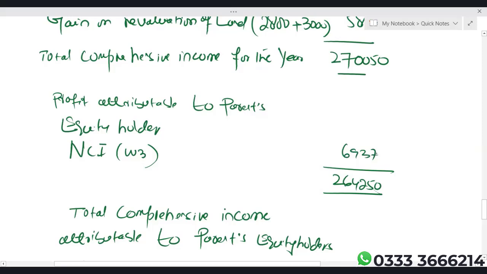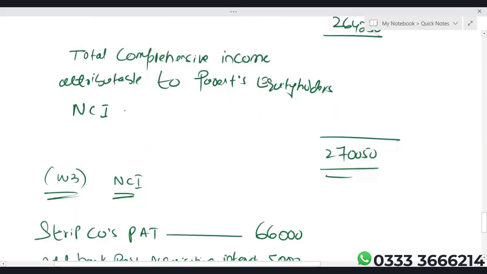From 2,64,250, if I deduct 6,937, the balancing figure I'm getting is 2,57,313. Now, it is also working 3. This is 7,387. If we deduct 7,387 from 2,70,050, I'm getting 2,62,663.